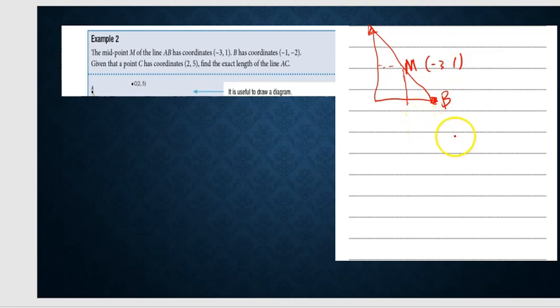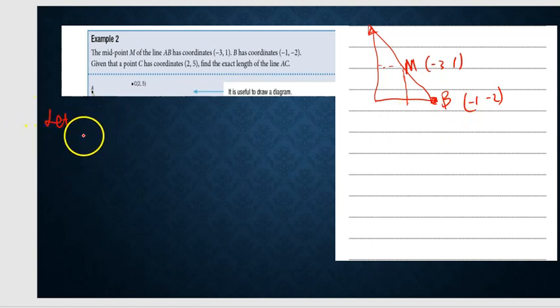Coordinate B is negative 1, negative 2. So we are looking for the exact length of the line AC.